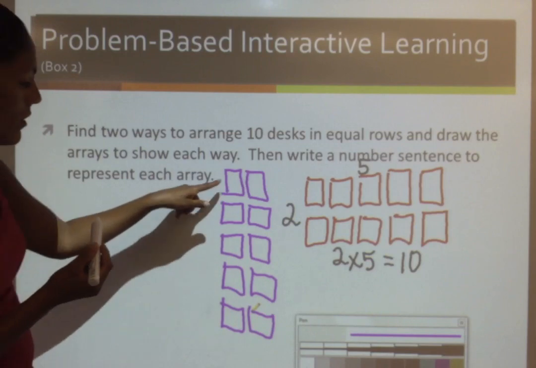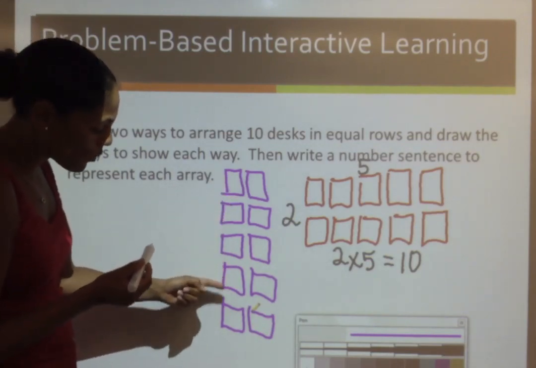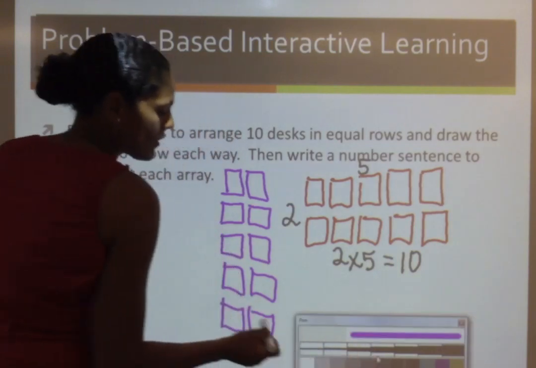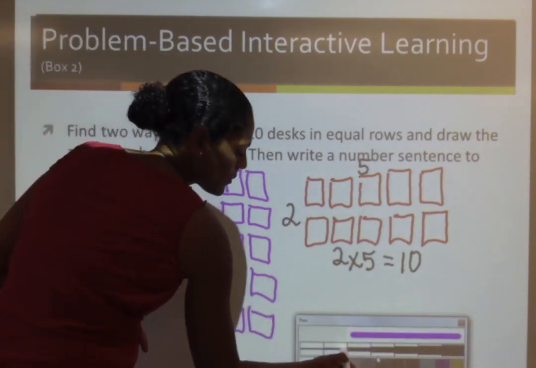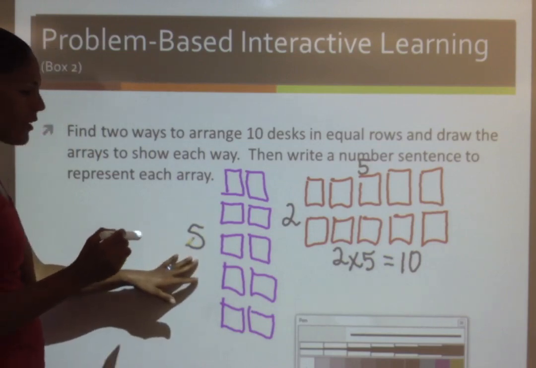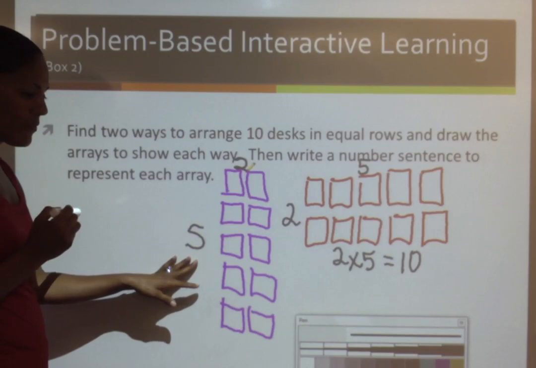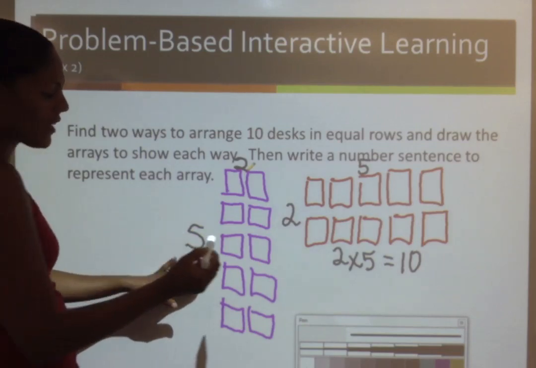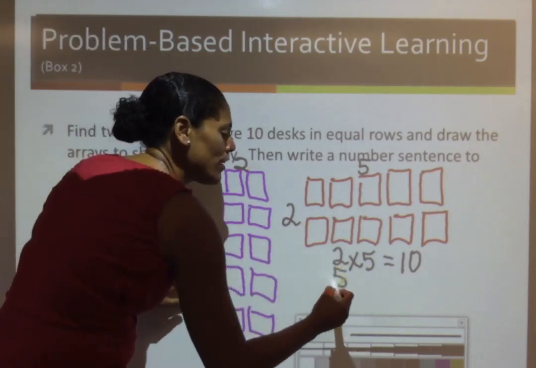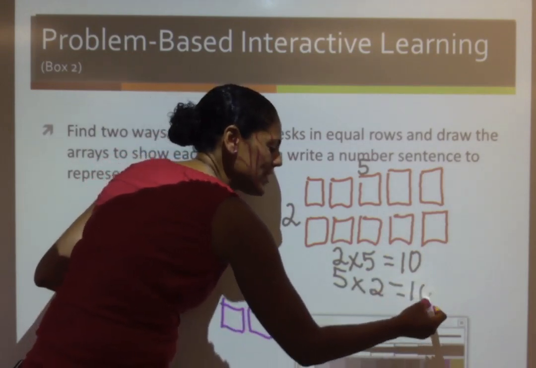That's 10, but in this case, I don't have 2 rows. I have 1, 2, 3, 4, 5 rows. In this case, I have 5 rows, and I have 2 in each row. So in this case, I have 5 rows of 2, but that still equals 10.